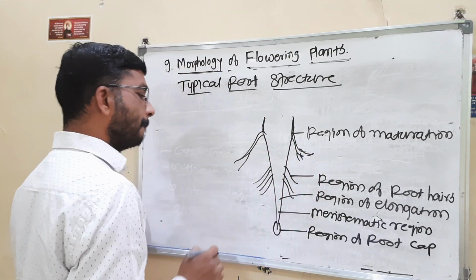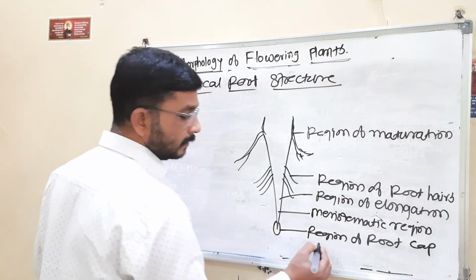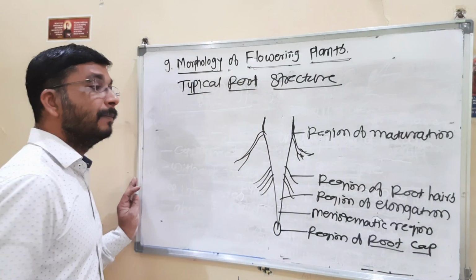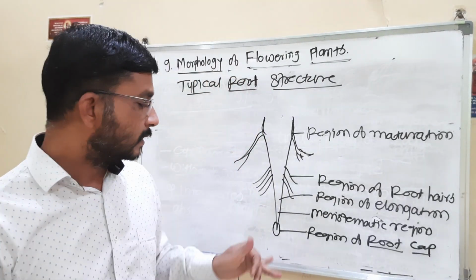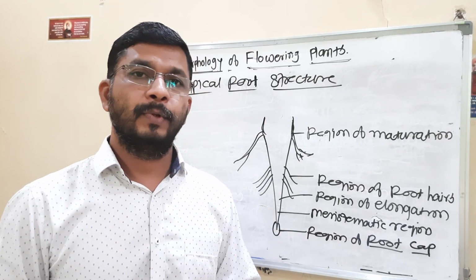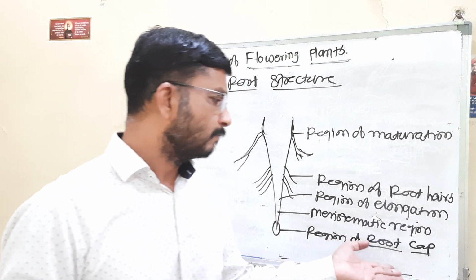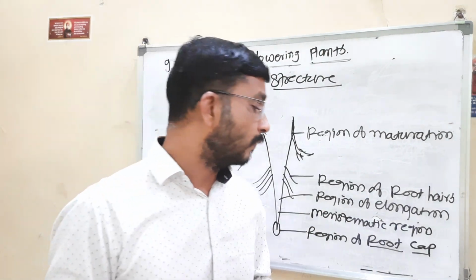Then we can discuss the first one, the region of root cap. What is the function of a cap? The function of a cap is to protect. We wear a cap for what purpose?